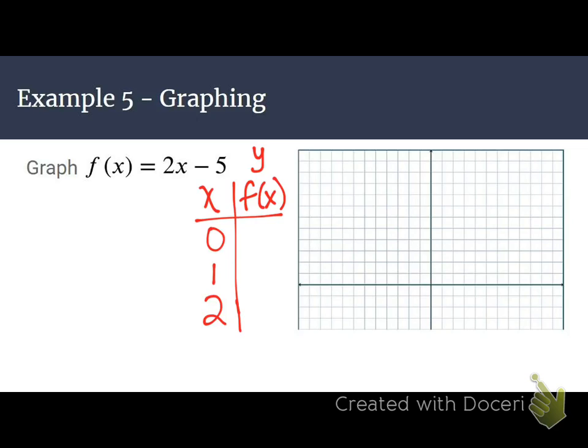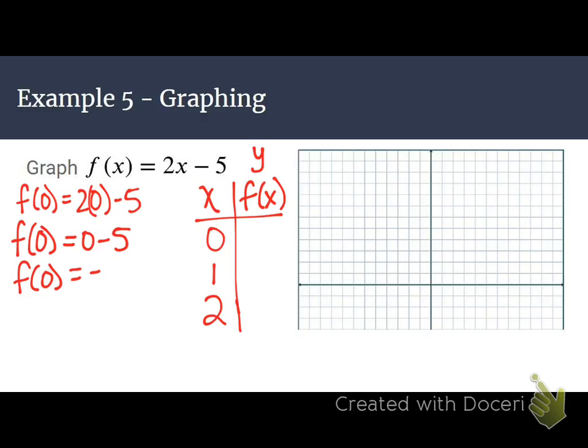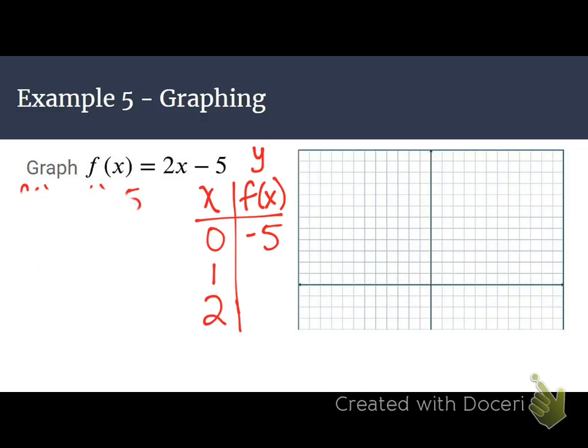All right. What did we get when we plug in 0 for x? 2 times 0 is? 0 minus 5 is? Okay, so f of 0 is -5. That goes on our output side. What about when we plug in a 1?